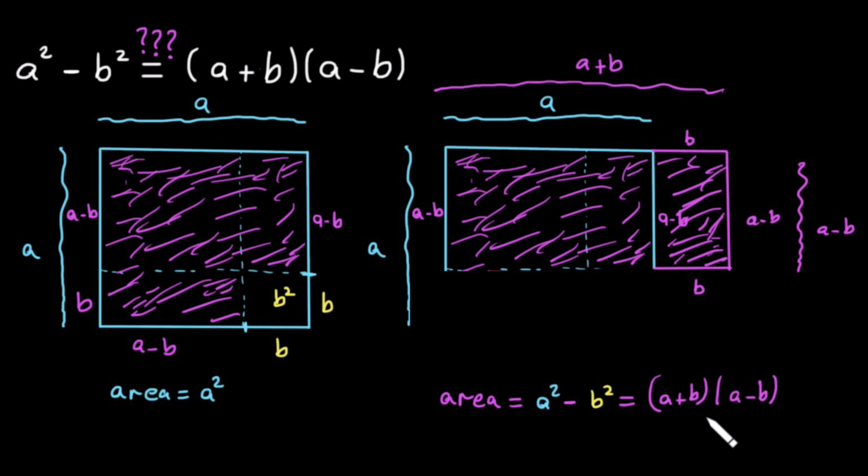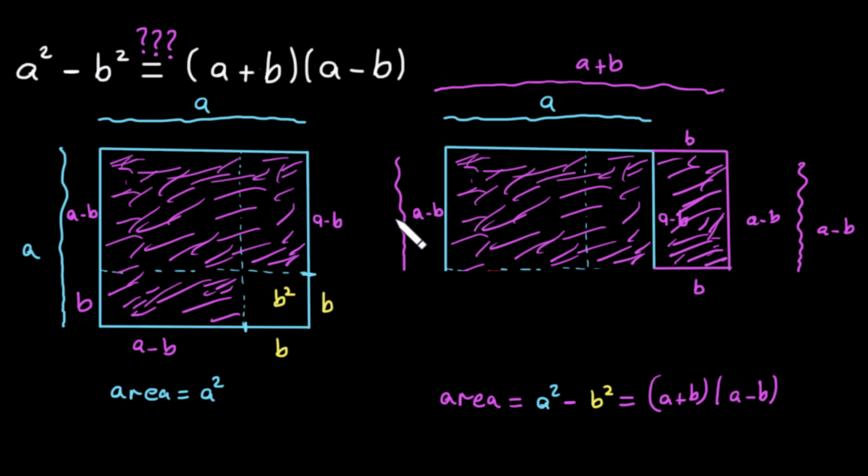The area of this rectangle is a plus b multiplied by a minus b. So that's it, we found it. The area of a square minus b square is the area of this rectangle. From here to here is a plus b, because here a and here b, and this side is a minus b.